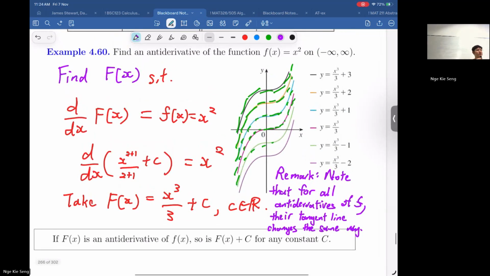Any question? Why can different antiderivatives give the same derivative? Because the way the tangent line changes is the same.